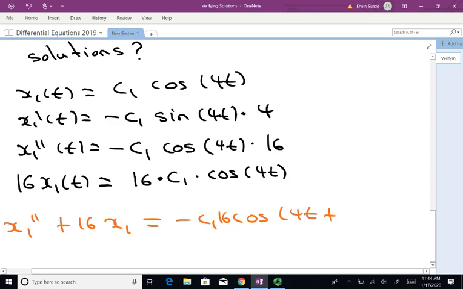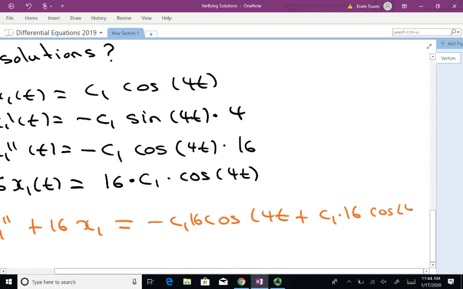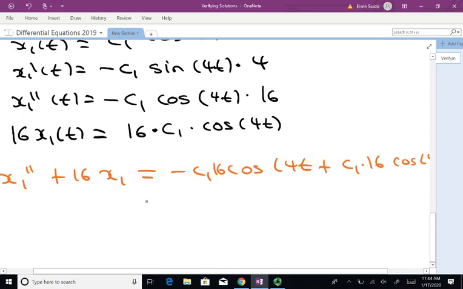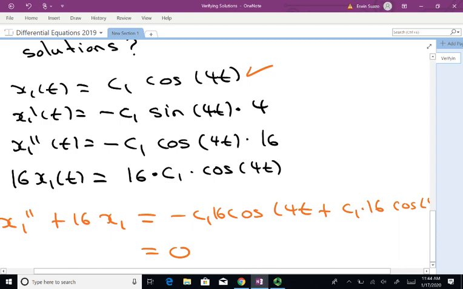So 16c1 is the same as c1 times 16 cosine 4t. So this one plus that one gives me 0, and that's what I wanted. So the first one, x1 of t, is a solution of the equation.